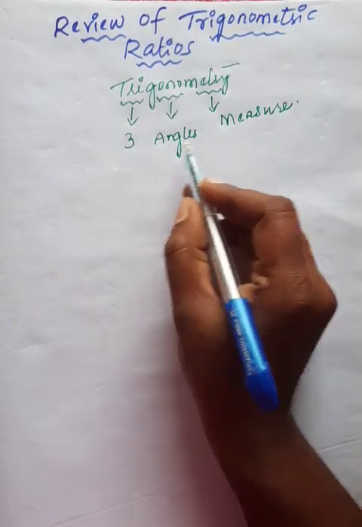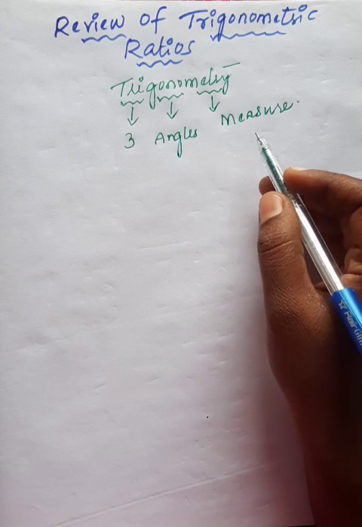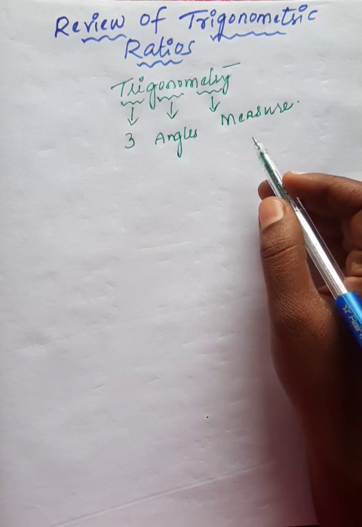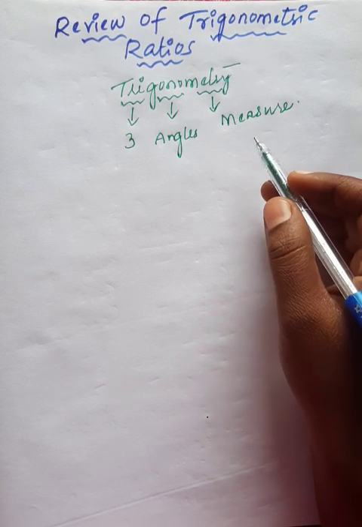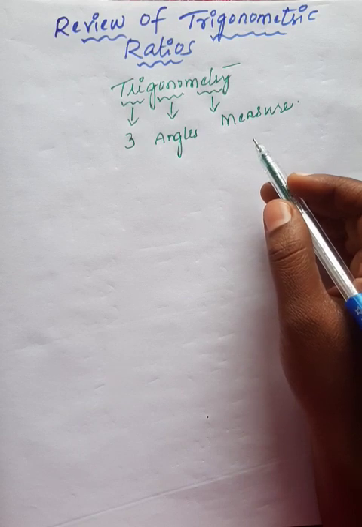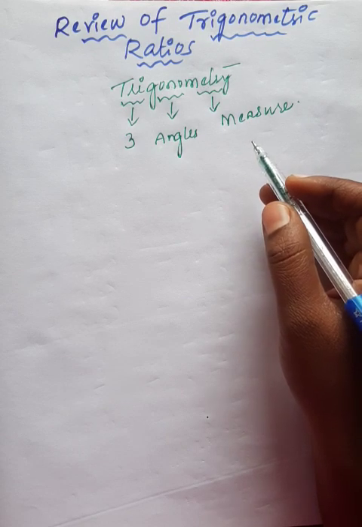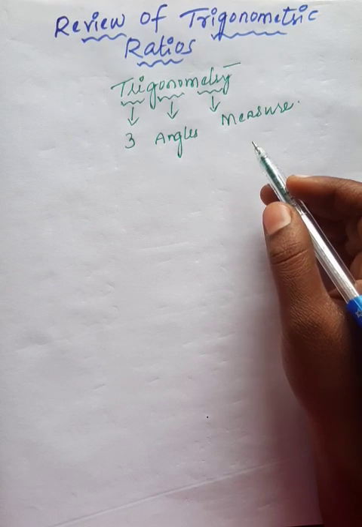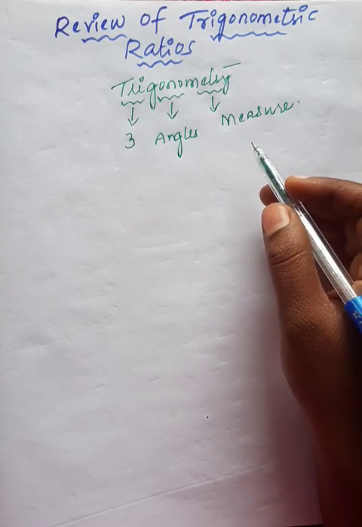Therefore 3 angles measurement is known as trigonometry. Therefore trigonometry means the measurement of angles, that is, it deals with the relation of sides and angles of triangles.